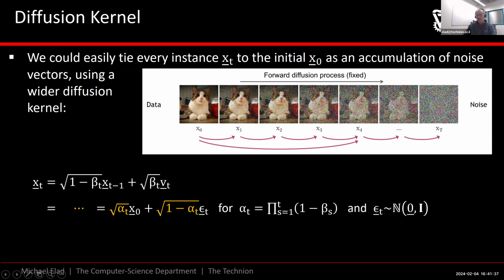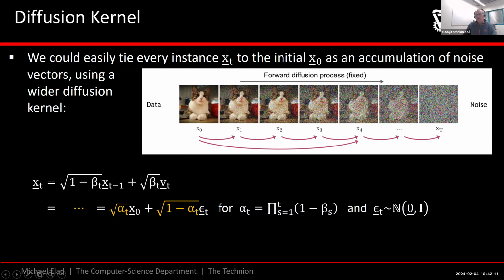Look at the alpha. Alpha is the accumulation of the 1 minus beta. I know it's a bit annoying that 1 minus betas turns into alphas, but this is the common notation in the literature, and I'm just following it. So basically, you're accumulating all the 1 minus beta that were here for t equals 1, 2, 3, all the way to t, and this is the coefficient here. And as it so happens, and it's not obvious, the coefficient that multiplies the additive noise is exactly the square complement of it. So this square plus this square is exactly 1. Okay?